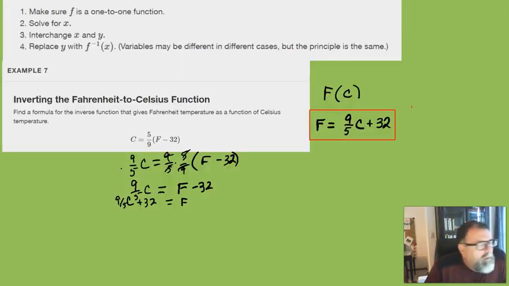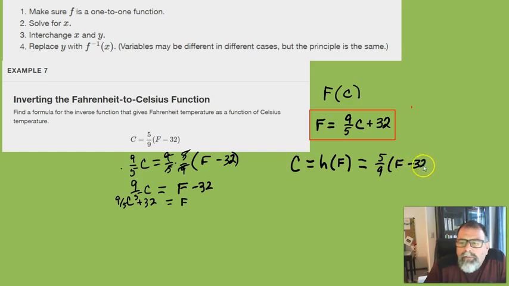Okay, so then the book goes a little further to tie in this idea of inverse. If we call the original function h of F, the function to convert Fahrenheit to Celsius, it is 5/9 (F minus 32).